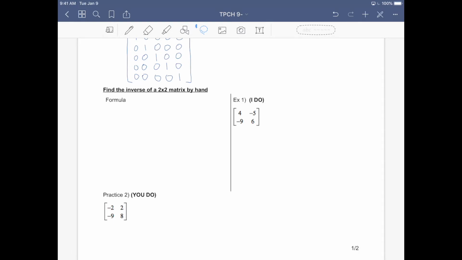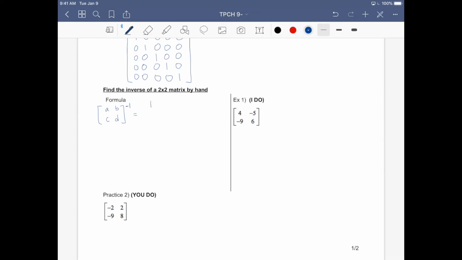So first, it would be good to actually write the formula for how you find the inverse of a 2 by 2 matrix. If I had the matrix with elements A, B, C, D, you're going to find the inverse.